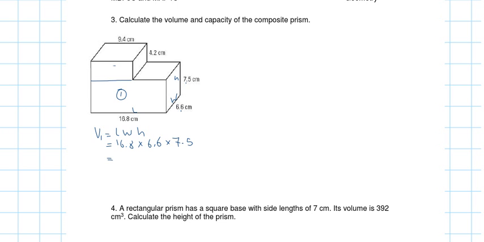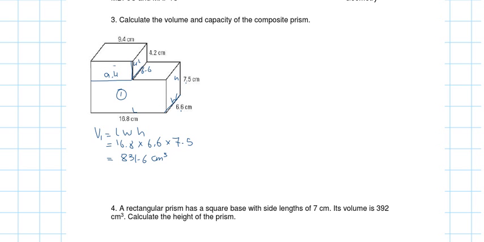So you got 831.6. The unit is centimeter cube. So what would be the dimension of the top prism? This is 9.4, the same as this is 6.6, and this is 4.2.